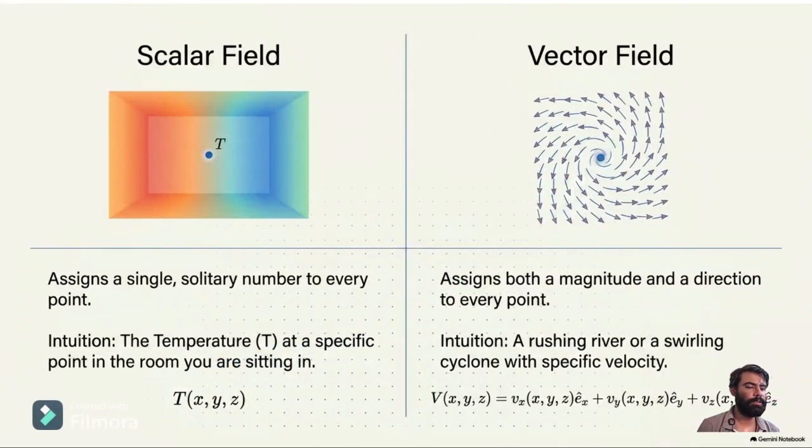That means in the same room the temperature is not the same everywhere. Every single point has a different temperature. This kind of field is called a scalar field.